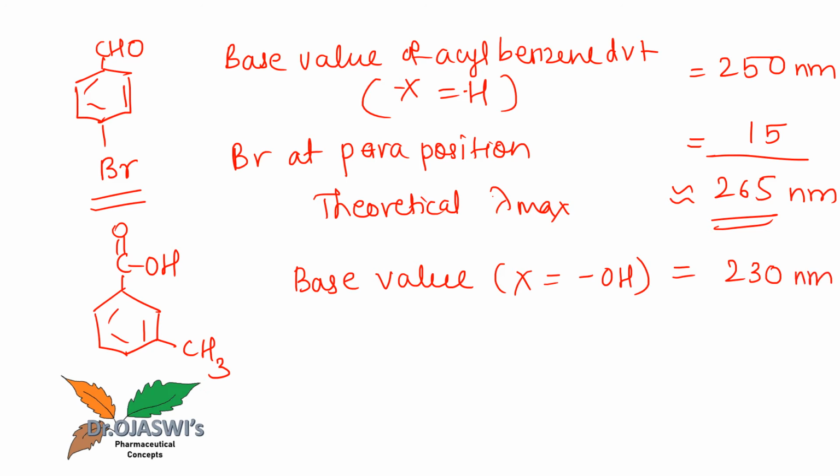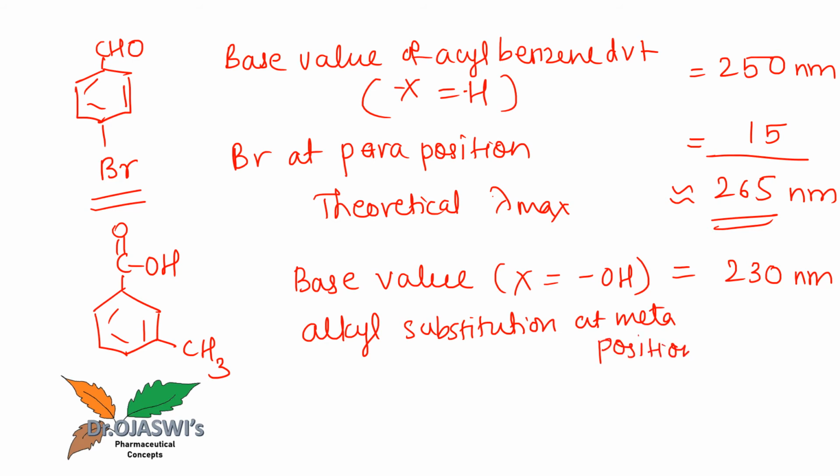And then I can see this alkyl substitution at meta position. For that I have to add 3 units. So that becomes the theoretical lambda max of this particular compound. Just two more simple examples I will show you.